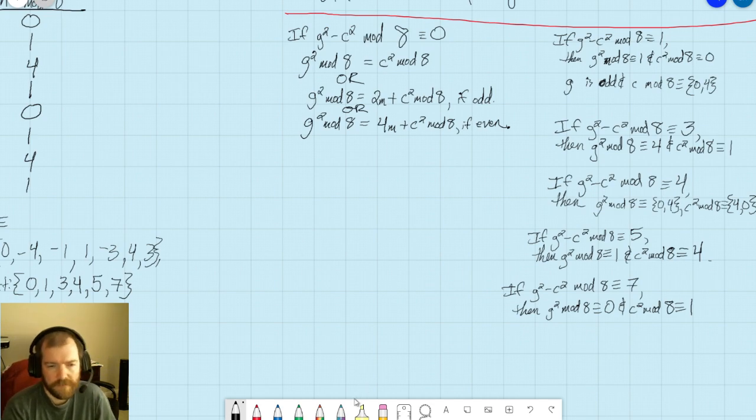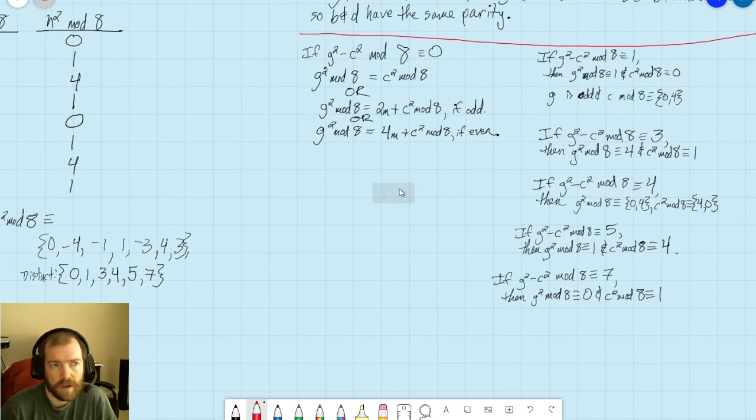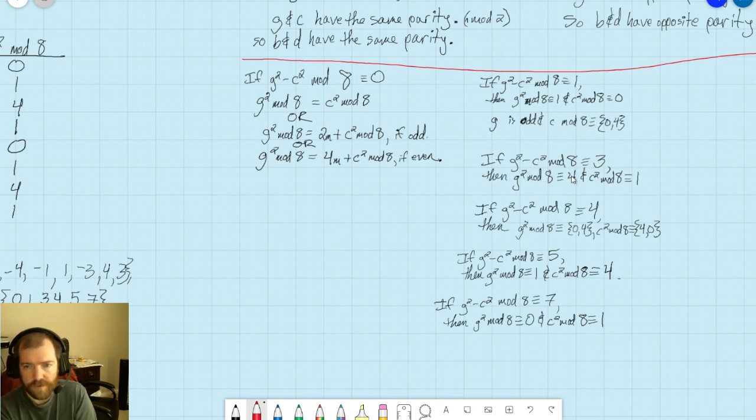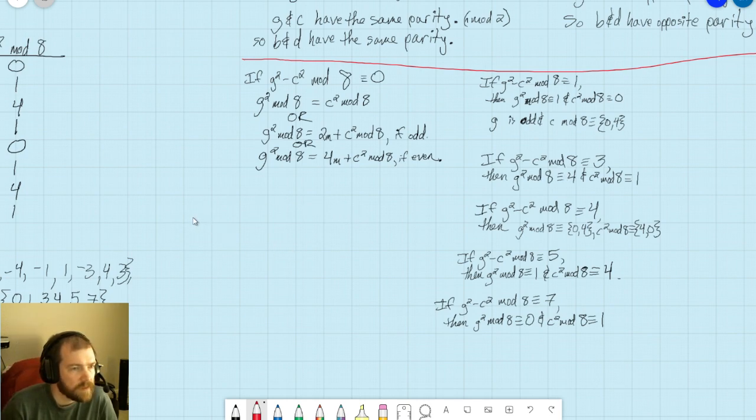Alright. So then, this says G squared mod 8 is 4. That means that it must be either, what is that, 2 or 6.